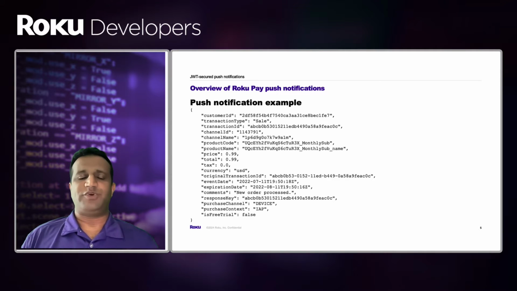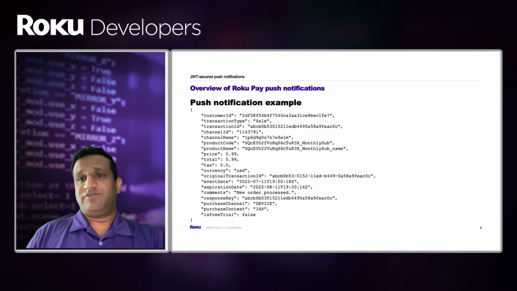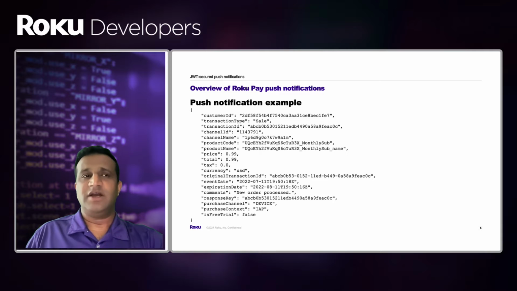The V1 of push notification, some of you might be very familiar with it. A lot of our partners are already integrated with push notification. So you might be familiar with the V1 version of the push notification, which is open text, and you would be receiving a JSON. The major security over that protocol is only SSL. You have an SSL endpoint, and you probably would be able to use IP whitelisting if you have the ability to whitelist incoming IP addresses.